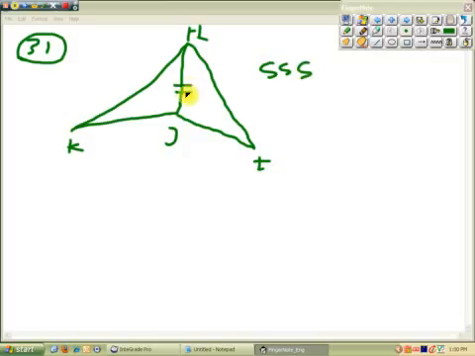Well, this side's given as congruent. So we need to show that this side is congruent to this side and this side is congruent to this side. So that's HK and HI and also KJ and IJ. That's answer C, side, side, side postulate.